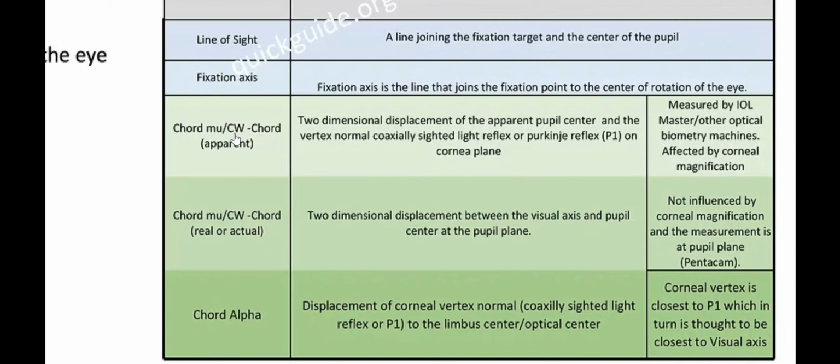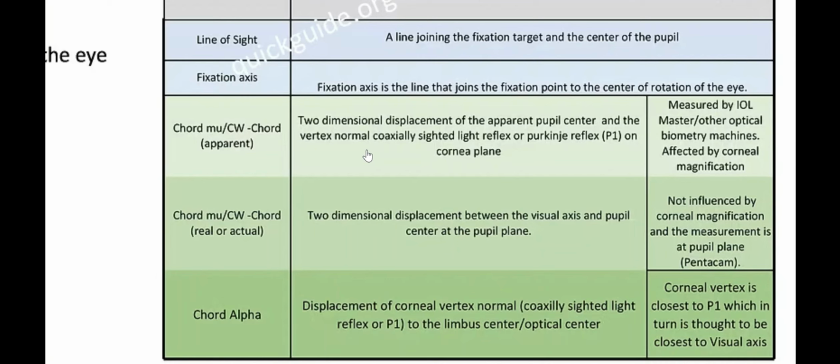Now, in the biometric machine, you will find this terminology: chord mu. What is chord mu or CW chord? Chord mu is the equivalent of angle kappa. However, there's a small difference. In angle kappa, you're measuring an angle, but in chord mu, you are not measuring an angle. You're measuring distances, right? So chord distances. And you will find in the Lenstar the difference between the x and y coordinates.